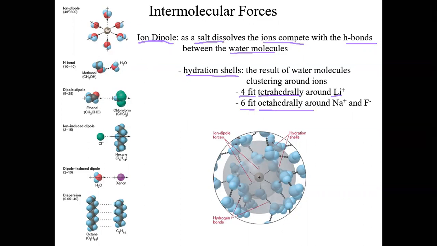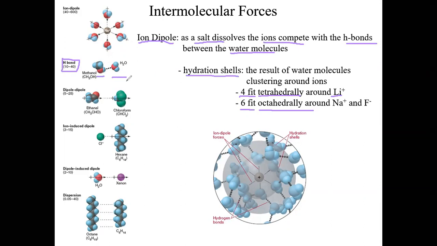Now, that's when you have a salt and water. If you have 2 compounds that have hydrogen bonding, then you can have a hydrogen bonding interaction. So for example, you dissolve methanol in water, methanol is miscible in water because they have similar intermolecular forces as water. So you get this hydrogen bonding between the methanol and water. You can also have dipole-dipole interactions between solute and solvent.